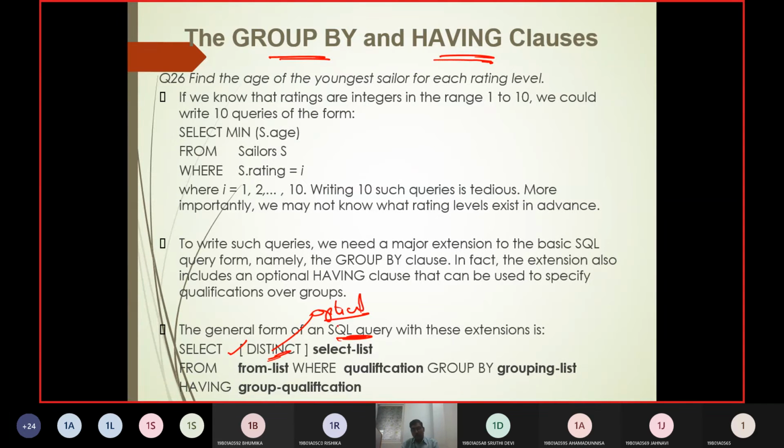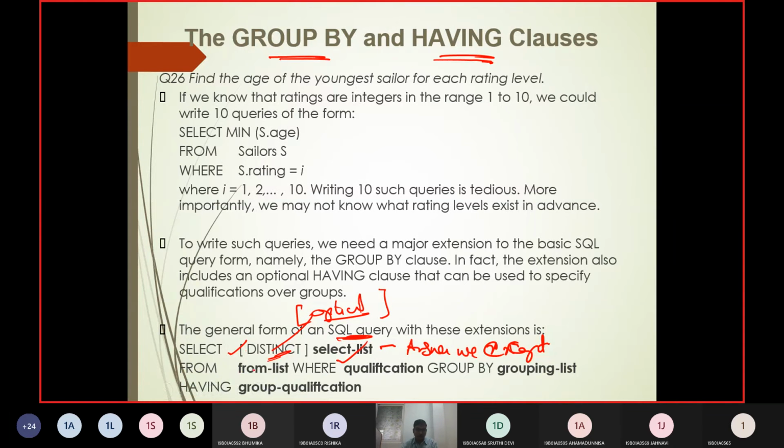As it is put in quotes, we will assume distinct is optional, and the target list, whatever answers we expect, should be in the select list. That was the foremost condition we are going to verify.